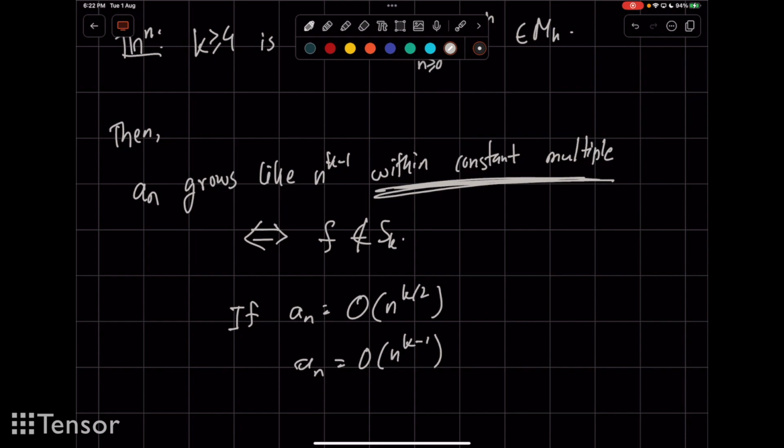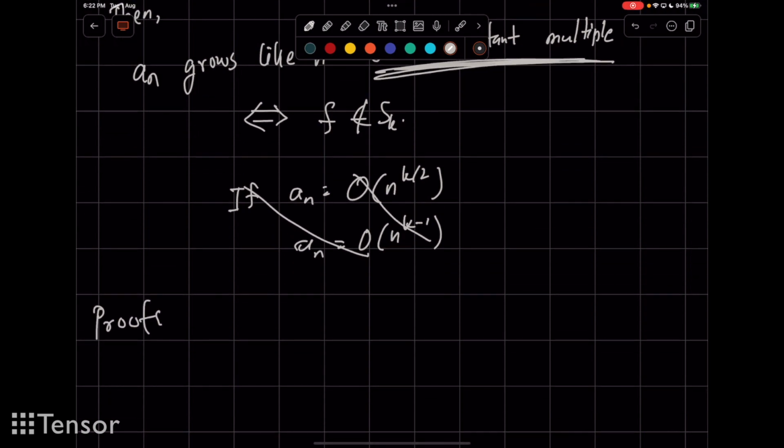But when we are writing within constant multiple, it basically means that a_n is both small o of n to the k minus 1 and capital O of n to the k minus 1. So that is a stronger condition. So we have already proved one direction of it. Let us try to prove the reverse direction. That is, if f is not a cusp form, then its coefficients grow like n to the k minus 1.